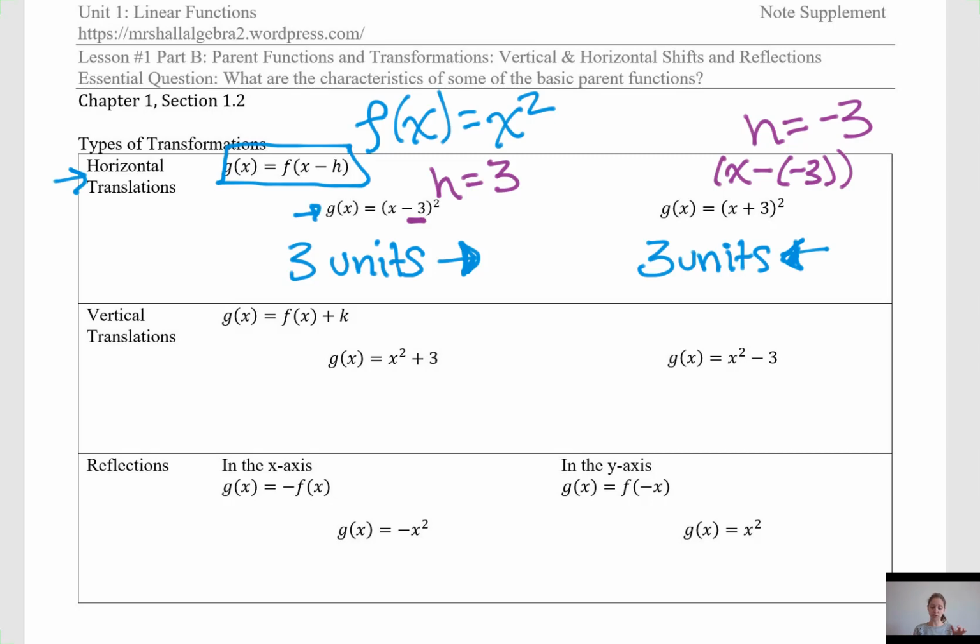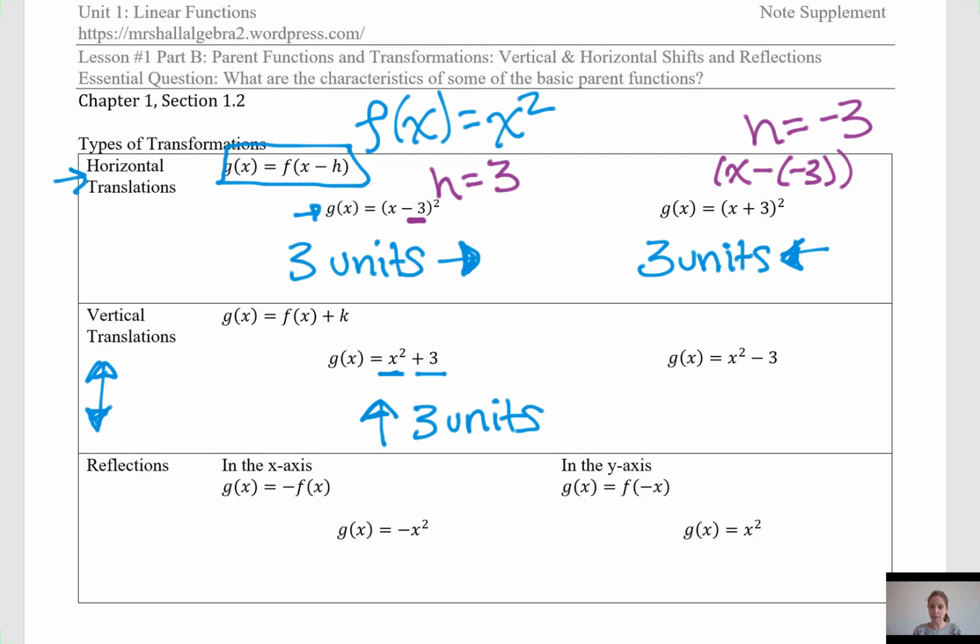Let's go on to vertical translations, right? So this is shifting the graph up or down. This is perhaps the most straightforward one: you take the original function and if you add any amount to it, you are shifting up that amount. In this case, we are shifting the graph up 3 units.